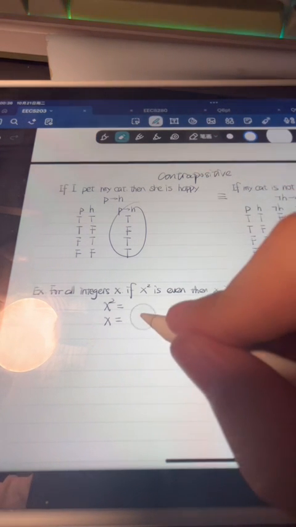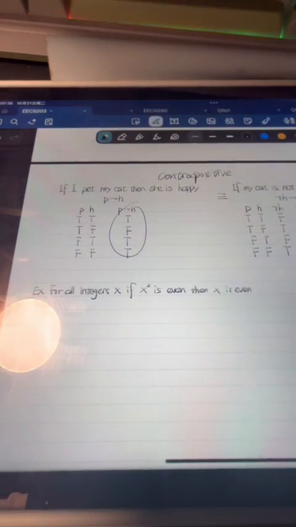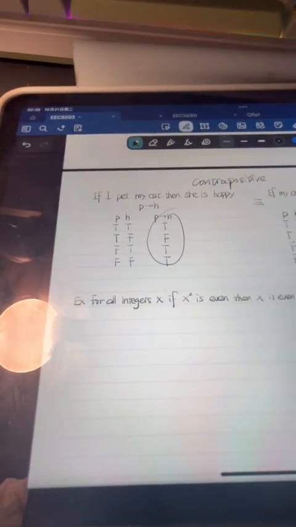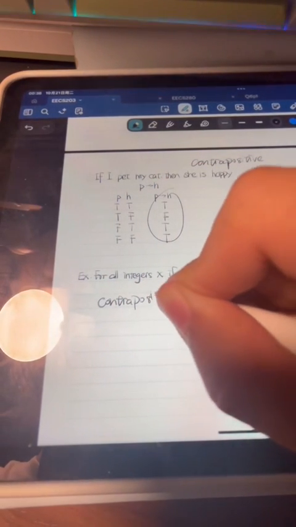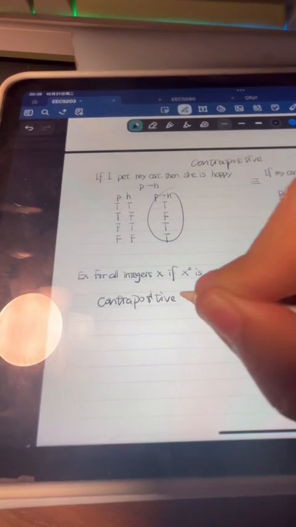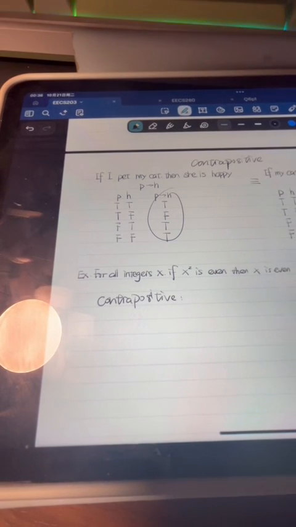So now it's time to use the contrapositive. First we need to list the contrapositive. What is the contrapositive of this one?